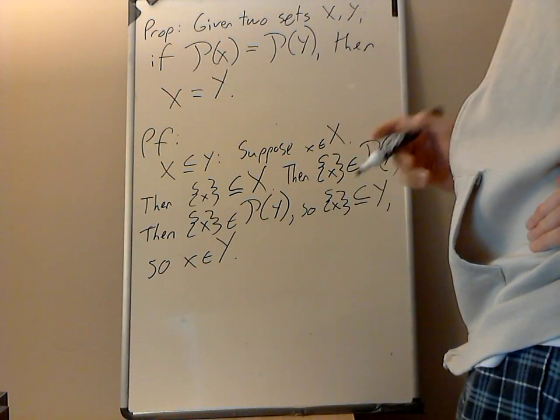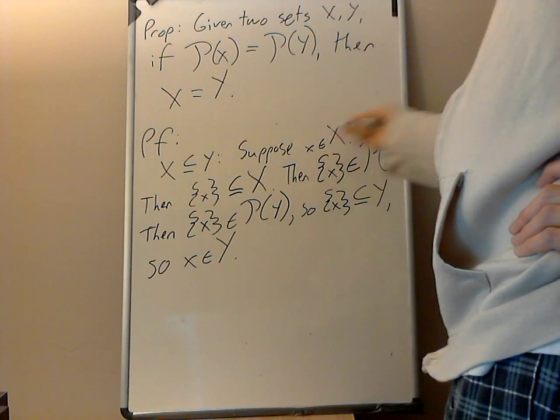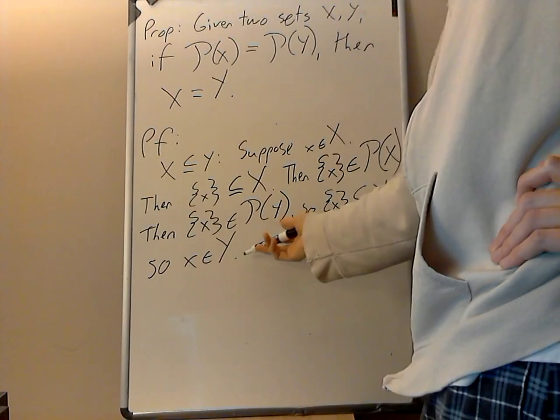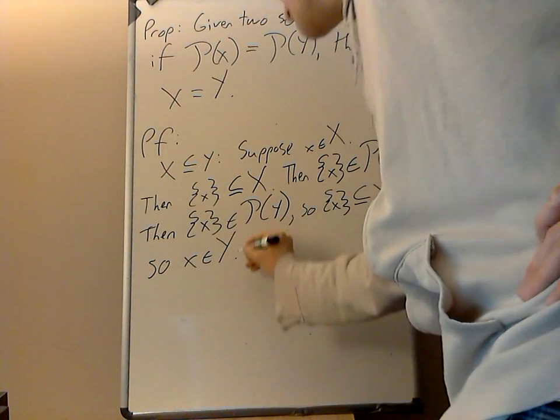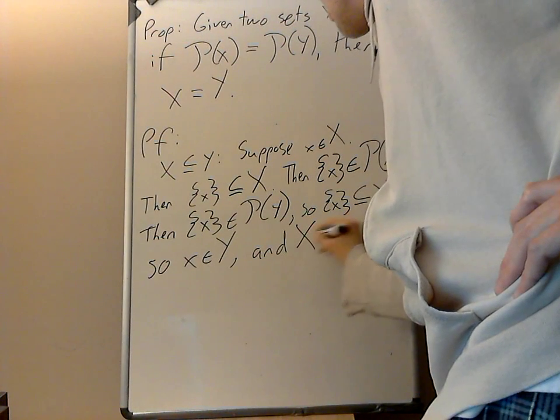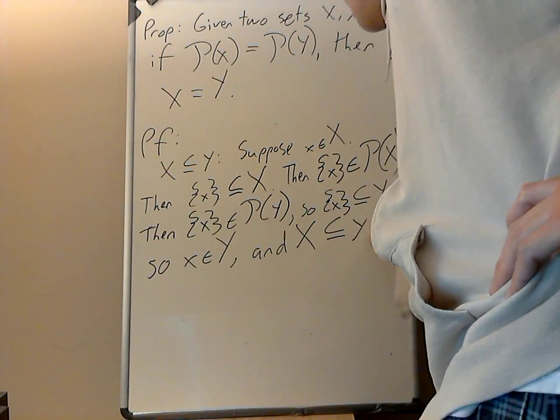Thus, we have just shown that if little x is an element of big X, then little x is also an element of y. That, by definition, means that big X is a subset of y.